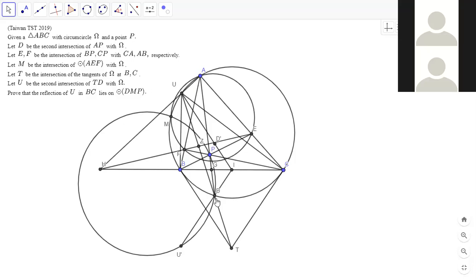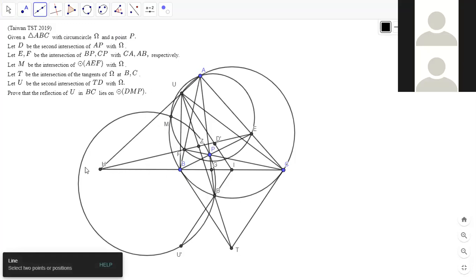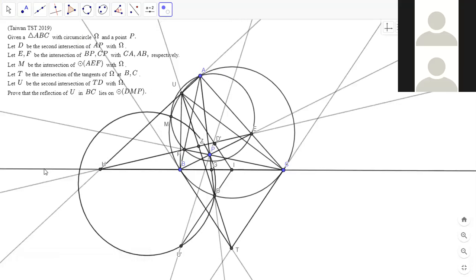Maybe if we intersect PI with the circle. Can I intersect what with the circle? PI with the circle of PDU prime. BDU prime or PD? PI with the circle on the left.